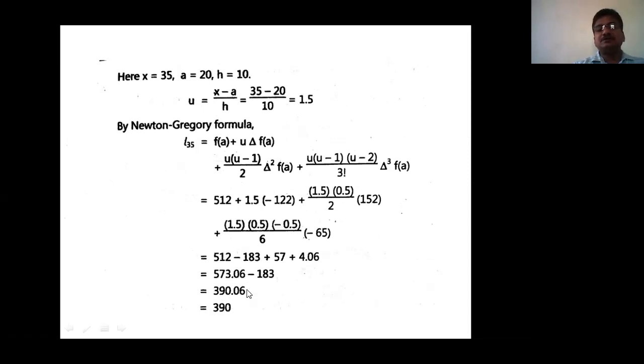The number of persons is not half, not 1.5, and that's why the nearest natural number to 390.06 is 390. So the answer is 390.